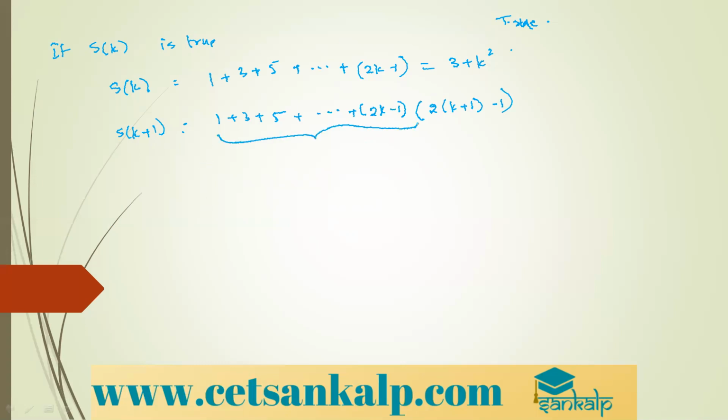Until here, because this is true, I can write 3 plus K square. And after that, I will write 2K plus 1. So this I can write as 6K plus 3 plus 2K cube plus K square.